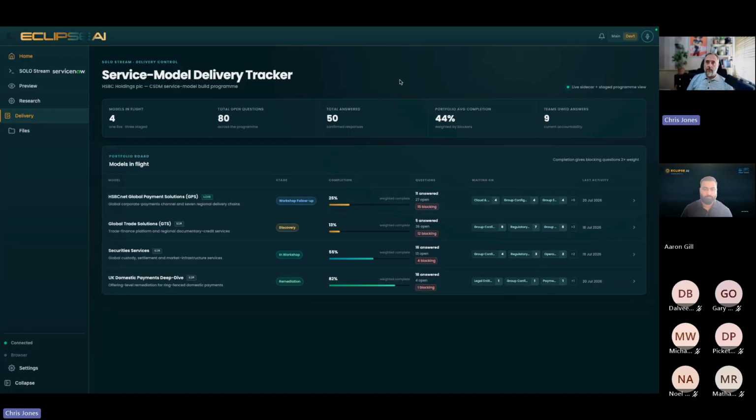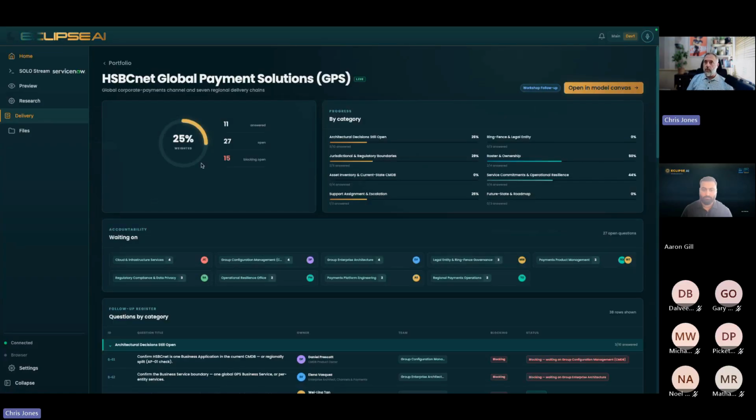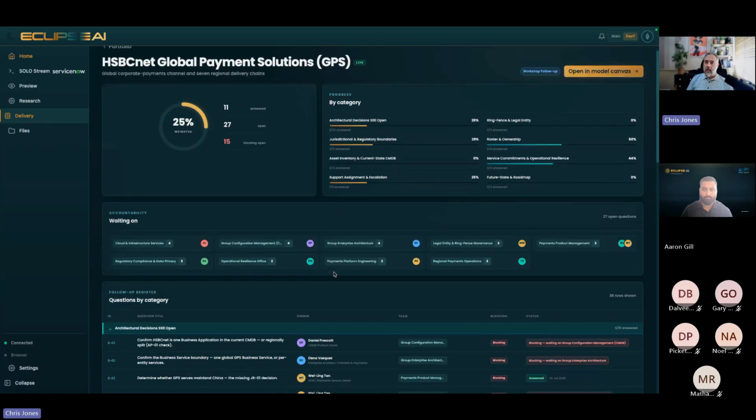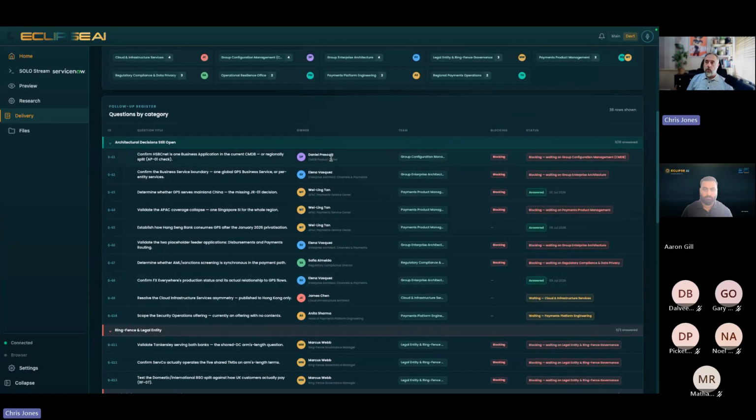Basically, it's a project management dashboard where we can see what's outstanding to complete the service model and who is responsible. So if we go look at the global payment solution, we've got 25% of it complete, but we still have 27 open and 15 that are actually blocking some of the open pieces. And then we can go into the detail of who exactly is responsible to answer those questions.